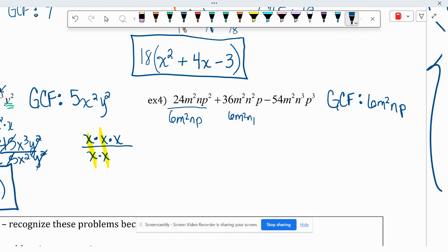So 24 divided by 6 is 4. M squared divided by m squared, well, those cancel out. N divided by n, those cancel out. P squared divided by p is what?